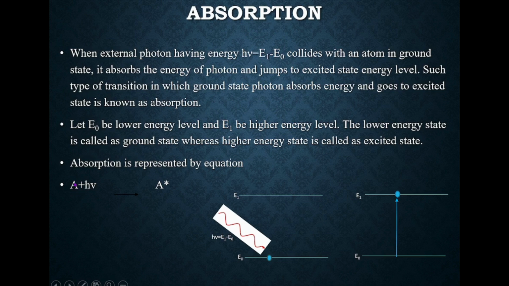We will write this absorption in the form of an equation. Here A is our ground state atom, h nu is the photon energy which is incident on that atom, and A star is the atom which is in the excited state. We will see in this figure, this is the ground state atom and the photon is incident here, having energy h nu equal to E1 minus E0.